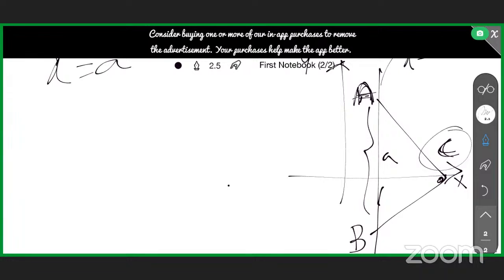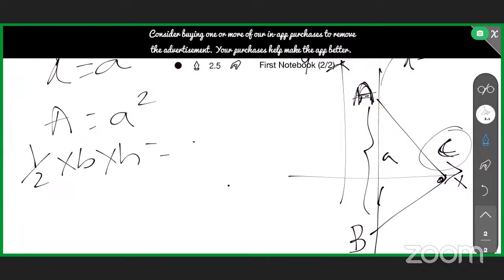So we take the condition given, area of the triangle is equal to a square. What is the formula for the area of a triangle? Half into base into height is equal to a square. The value of the base is already given. Base value is how much? A units.